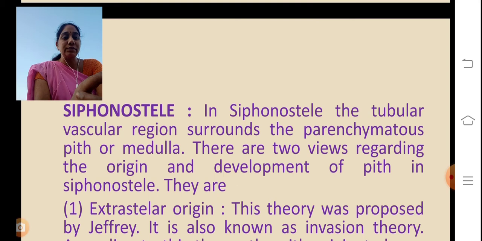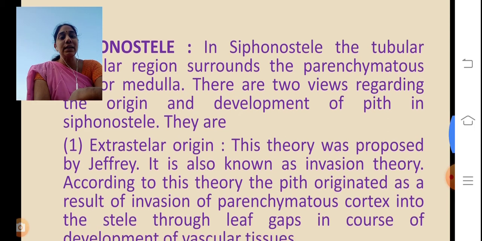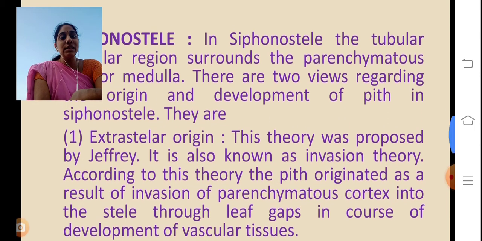So, what we say, protostele is without pith. Siphonostele is having the pith. So, how is this pith formed in siphonostele? There are two theories to explain this. One is extrastelar origin.